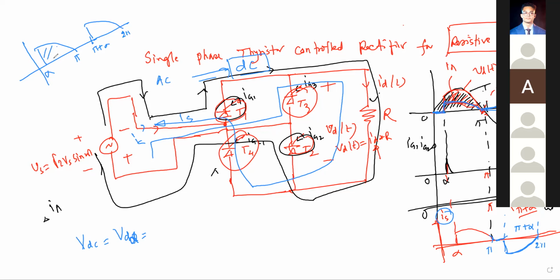We have to find out the area here and then divide it by pi because it is repeating, right? So the area from alpha to pi of root 2 Vs sine omega t, d omega t, and we have to divide it by twice pi or pi.